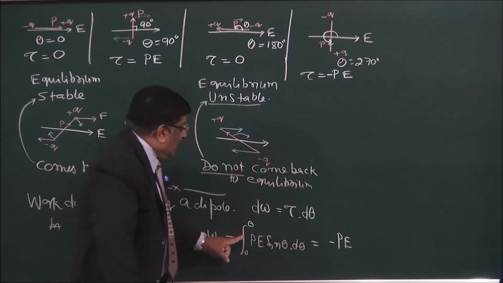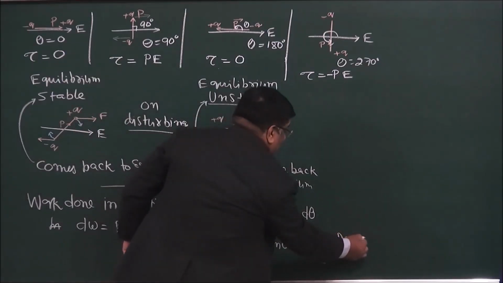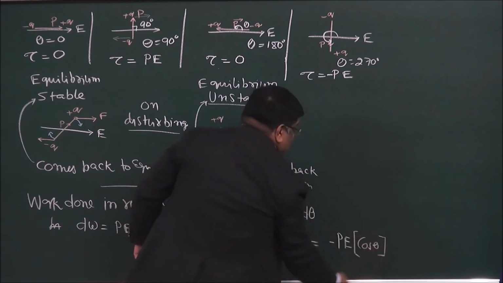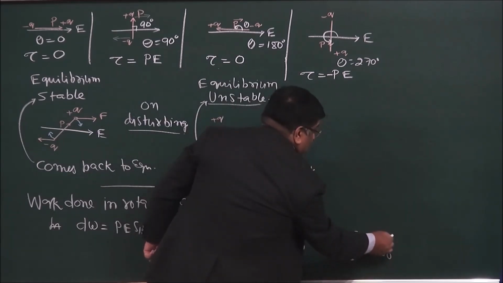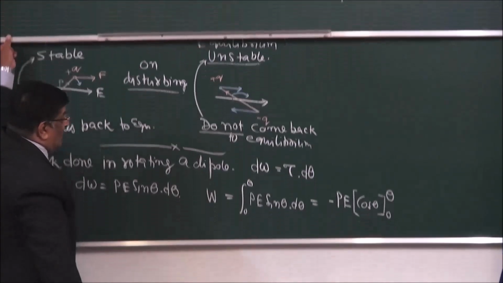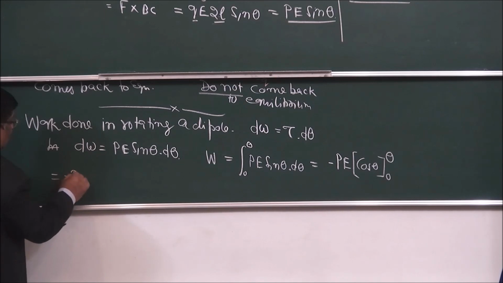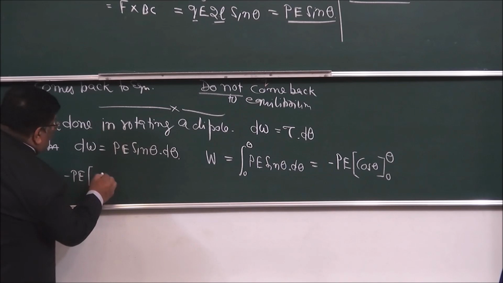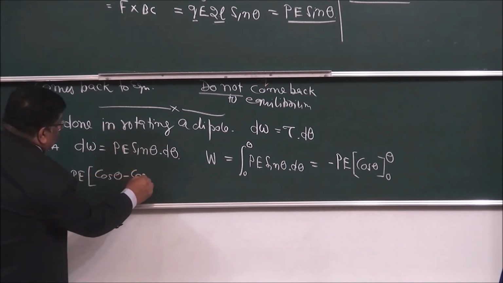The integration of sin theta d theta is minus cos theta. So minus is taken out and we write here cos theta. And this cos theta integration is done. We have to apply the limits 0 to theta. Now let's apply the limits, and this will be equal to minus PE into cos theta minus cos 0.